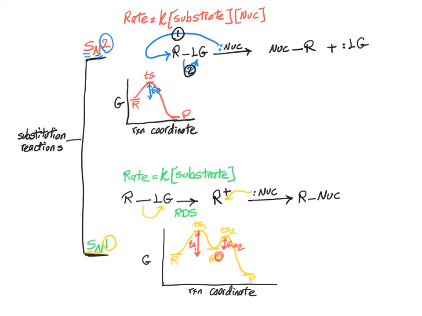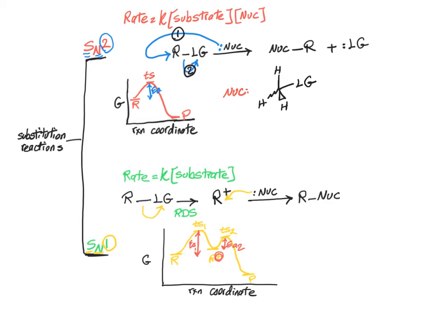The SN2 reaction is a backside attack, which means that the nucleophile attacks from the opposite side of the leaving group. And the reason is that the nucleophile and leaving group are both electron-rich groups.